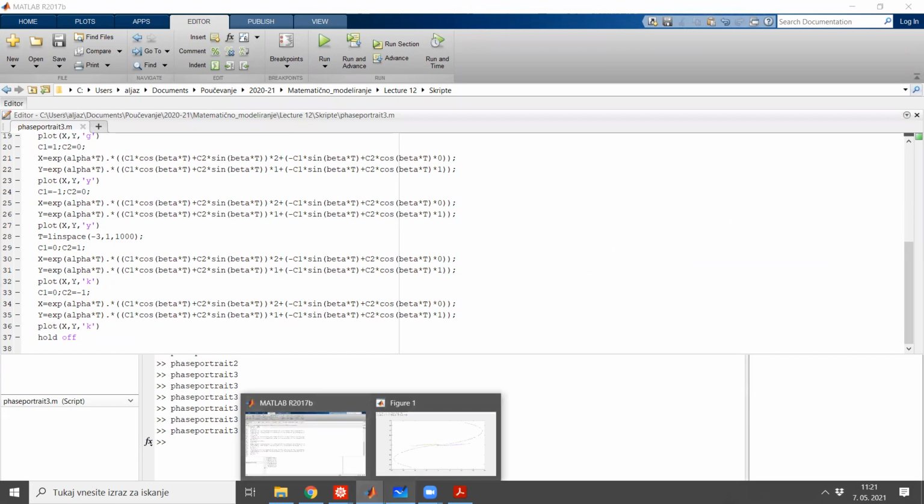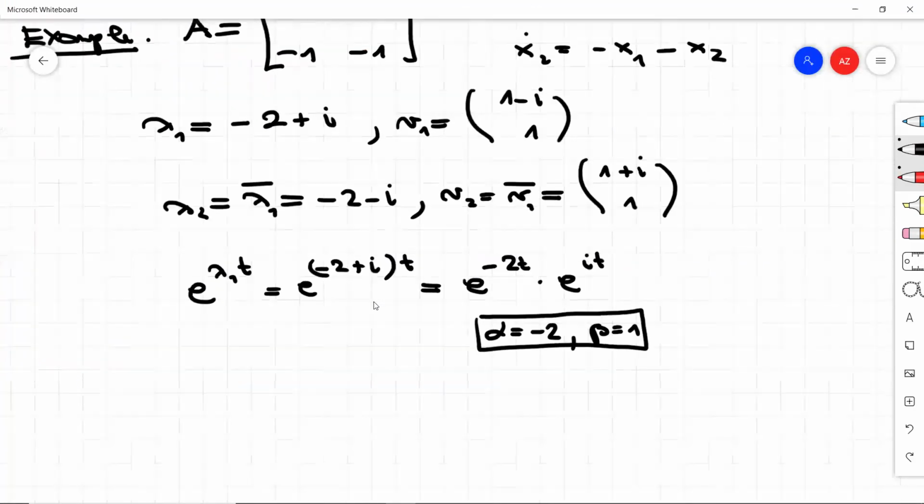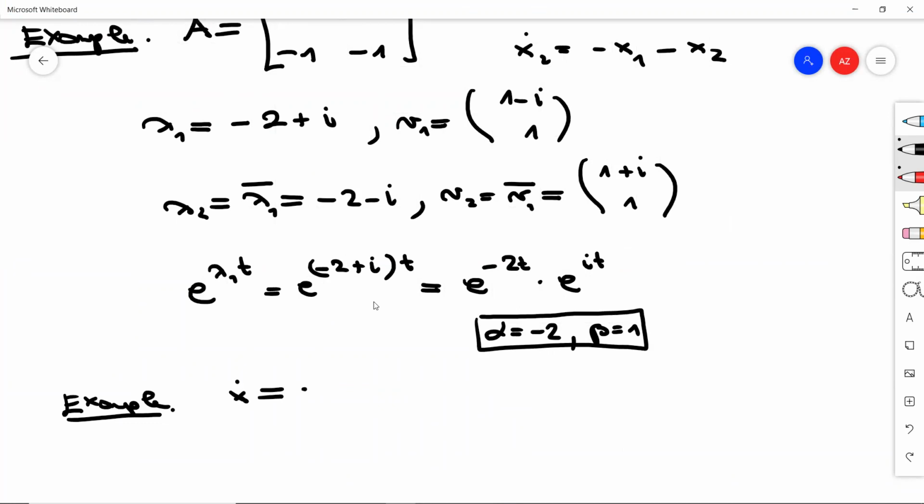And the last example is where alpha is 0. I will take the differential equation x prime is equal to v, and v prime is equal to minus w squared x.